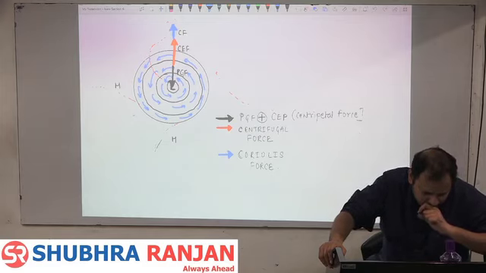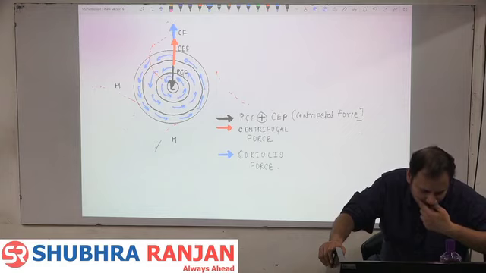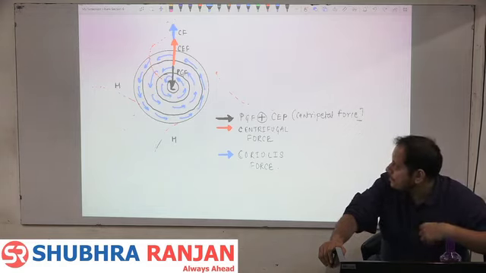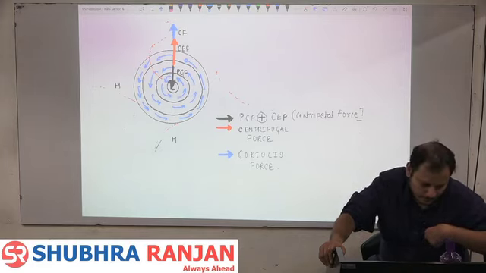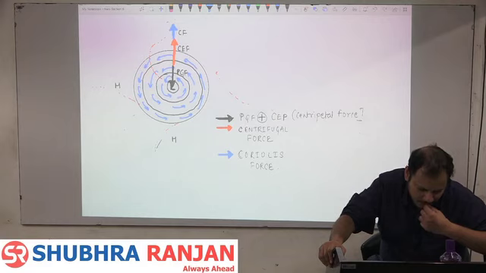And hence the wind will start blowing in the anti-clockwise direction, parallel to the circular isobars.